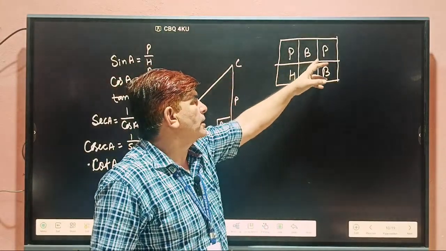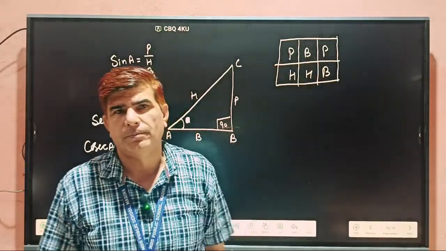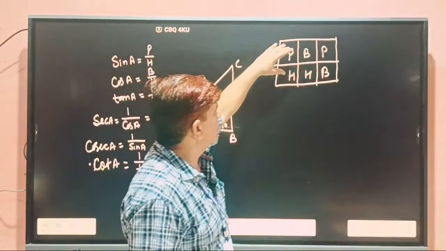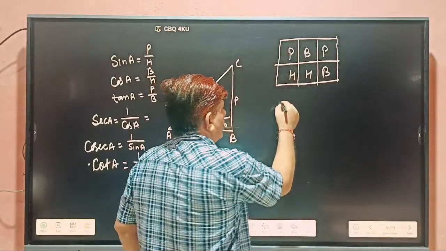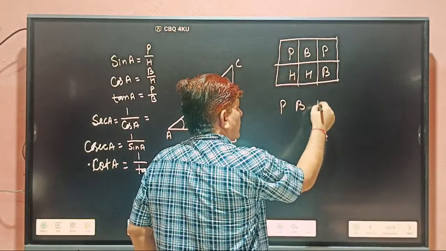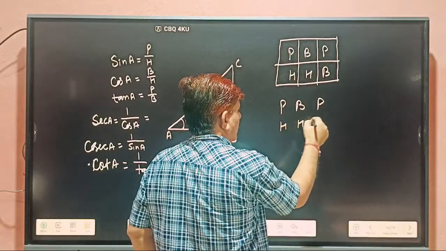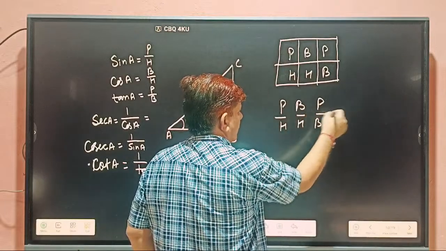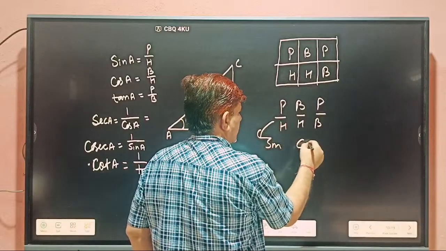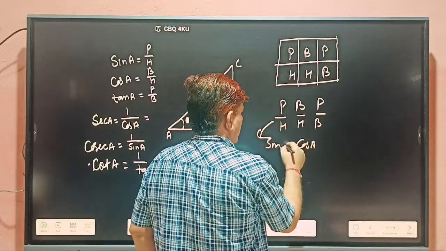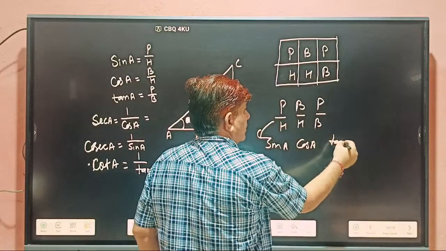Pandit Badri Prasad har bole. This one. So you can write Pandit Badri Prasad har bole. First one is sine. This is cos. This is tangent.